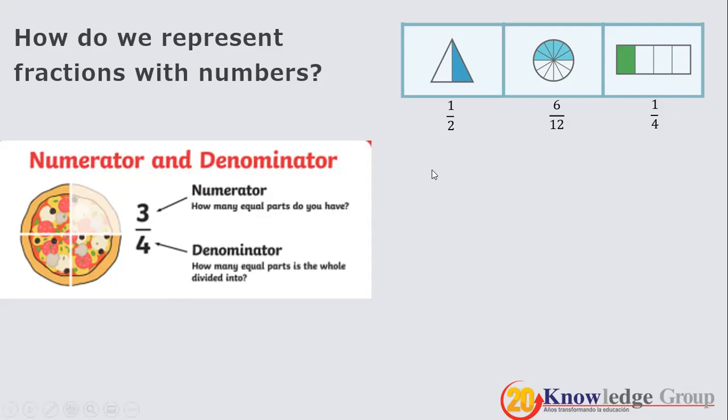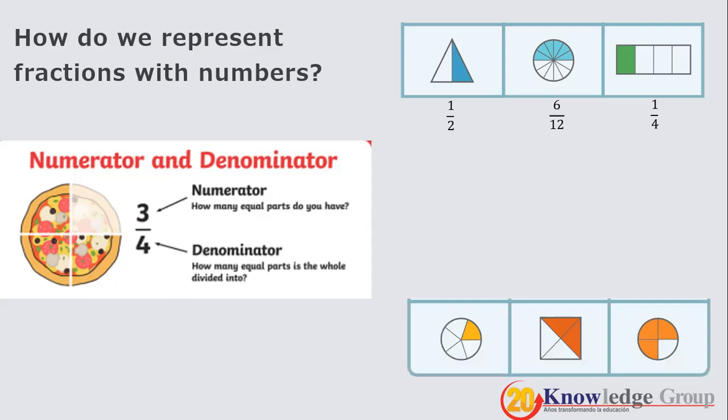See another. I have another circle here. And the circle was divided into 1, 2, 3, 4, 5 parts. I'm only using 1 part out of 5. 1/5 or 1 out of 5.